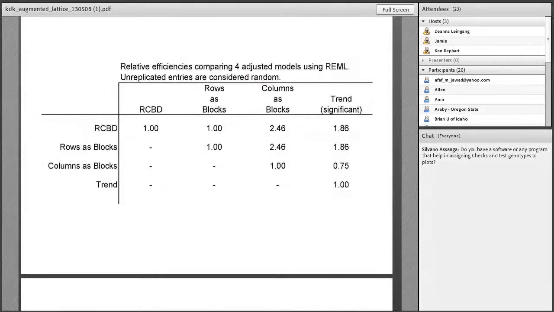I believe the quadratic effect of rep also turned out to be a negative variance, so I wound up removing that one as well. When I do that with a reduced model, you can see that the relative efficiencies come up, and although still not as great as columns within blocks, it is a substantial improvement in adjustment.